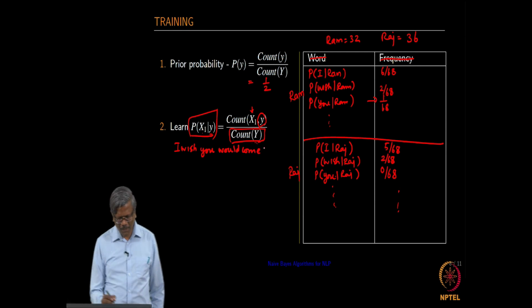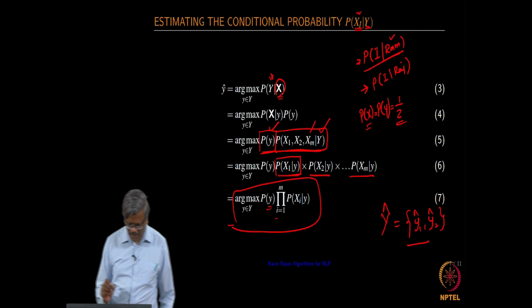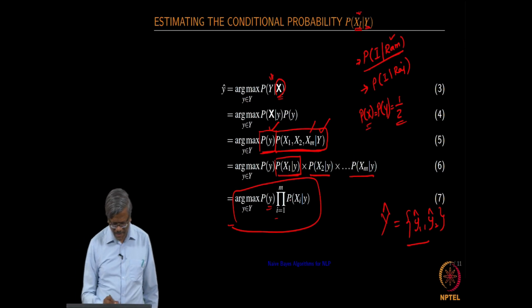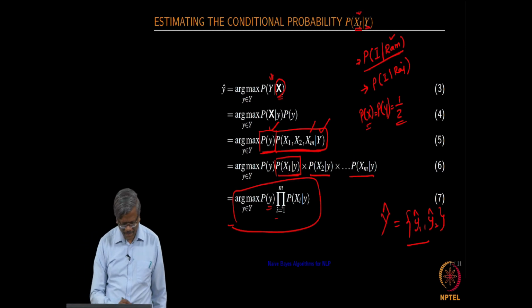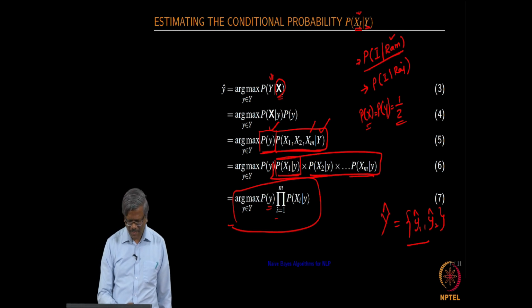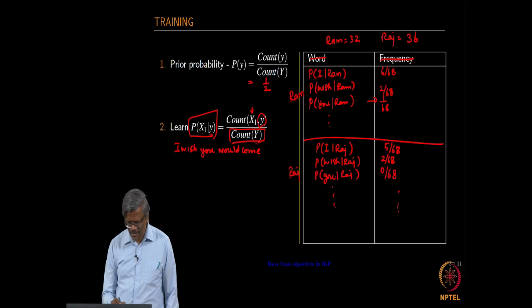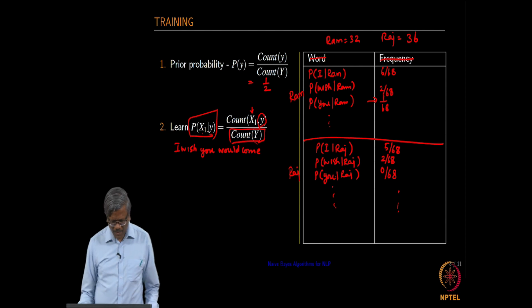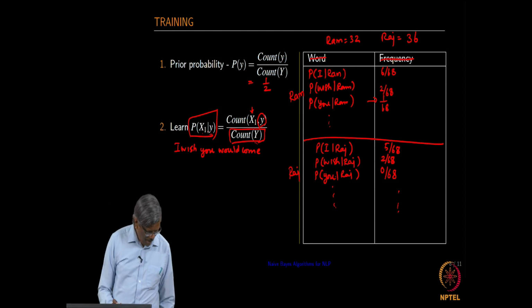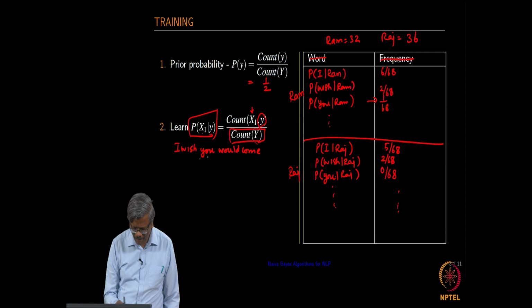So, if you want to find out this, see we are going to be using this formula, right. So, we are going to be multiplying all the conditional probabilities along with the prior probability. So, when you do this, in the first case we have half, that is equal to p of y, right.